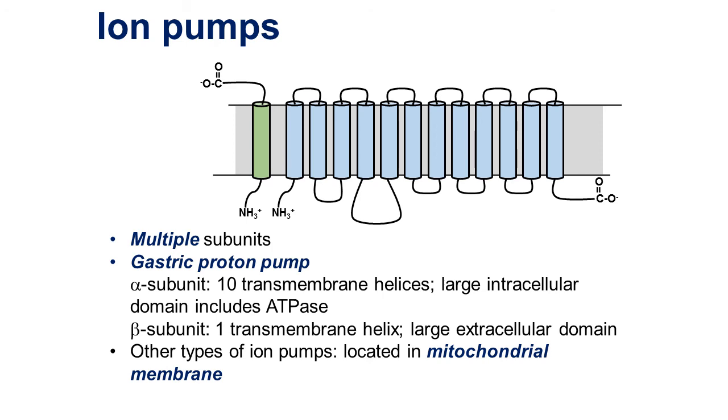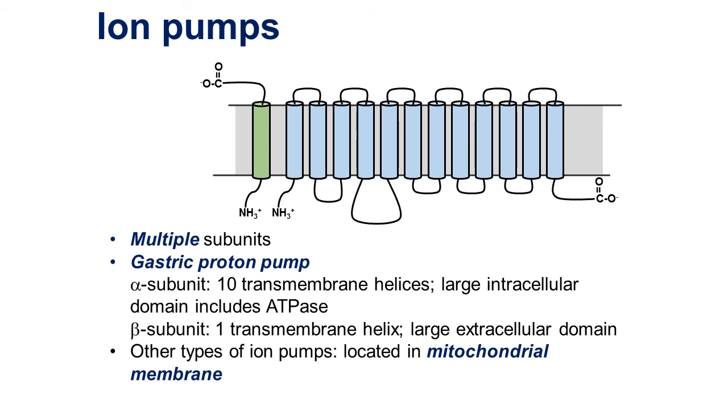So the ion pumps are characterized by a multitude of alpha helices that cross the membrane. Usually there are different subunits, two subunits that work together as a single functional unit.